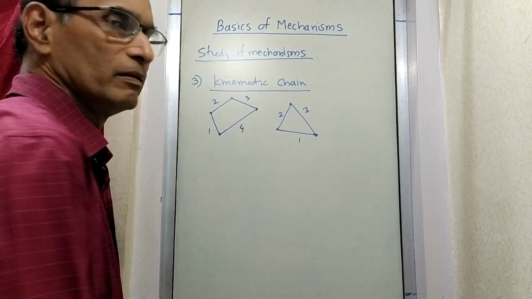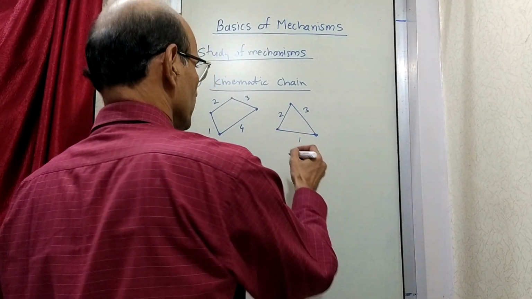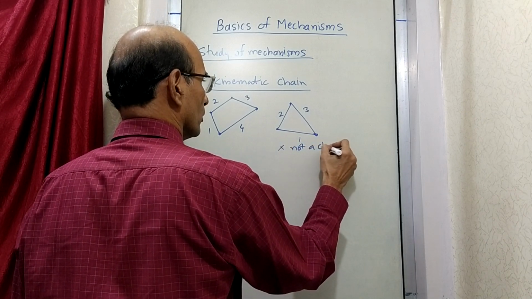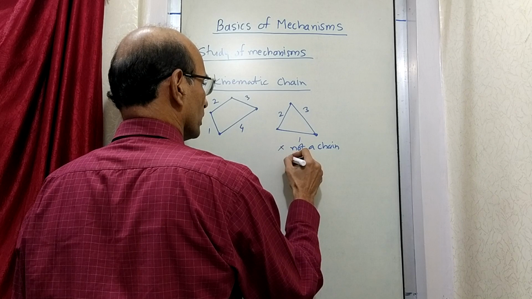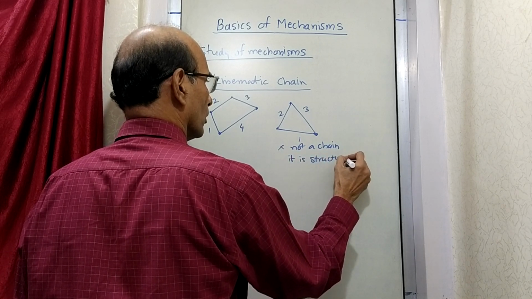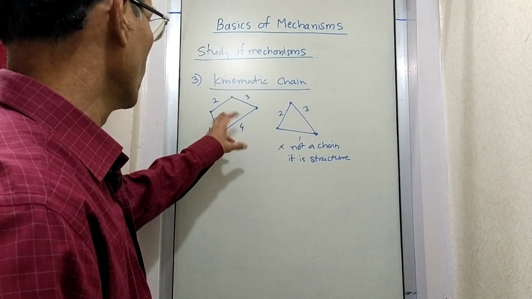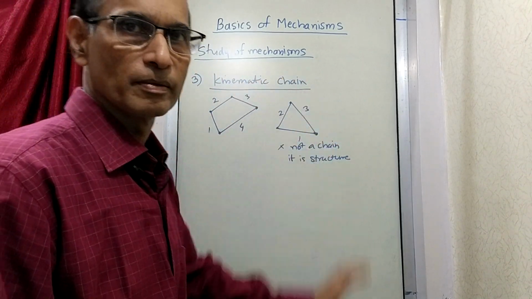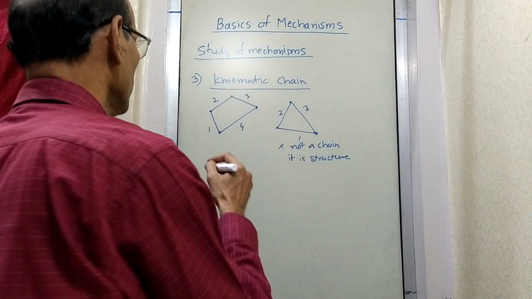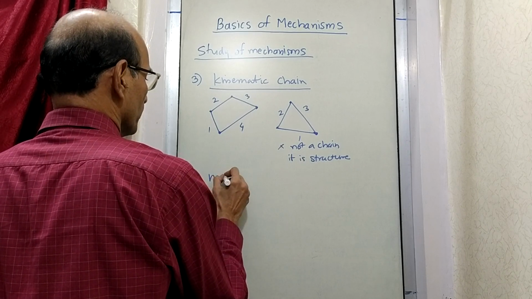Can it be a chain? This will not form any movement. So this is not a chain, it is a structure. The earlier one is a chain because one can move, another can move, and it will have a specific motion. So that is a kinematic chain, you can write down. Now the fourth is mechanism.